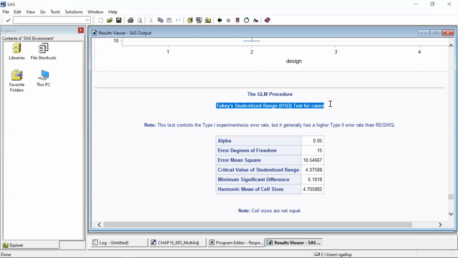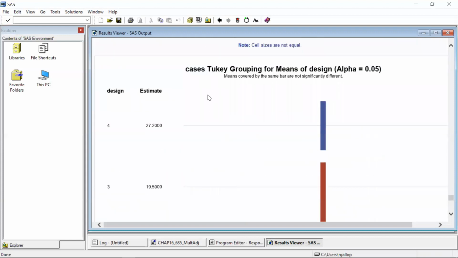Right, so the Tukey adjustment, SAS is going through trying to find this honestly significant difference, right? So it's giving us the Q distribution value, the mean squared error, and then this is the HSD. So when anything is 6.10 or more different, it is a model-based adjusted significant difference, adjusted for the multiple comparisons.